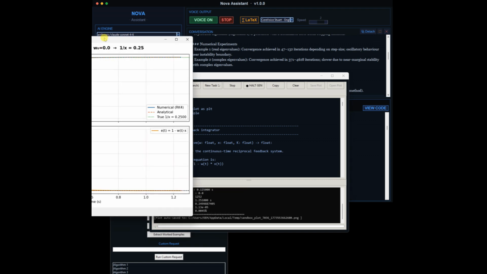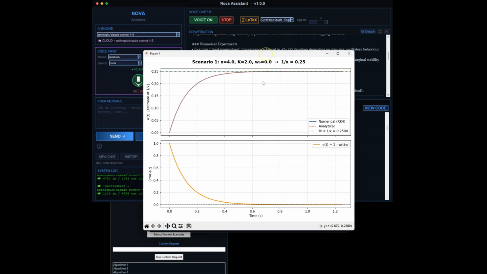Oh, wow! So what it's done is it's just a very simple thing, this. It's taken 4, and it's getting the reciprocal of 4, 1 upon 4, which should be 0.25, and so it converges up to 0.25, and here's the error going down to 0. So it's a control system that does division.